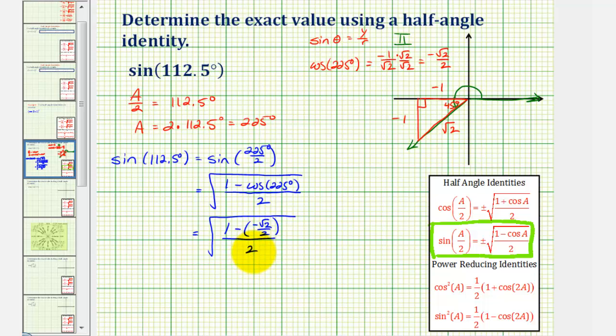And now let's go ahead and simplify this. If we wanted to clear the denominator of 2 from the numerator, we have to multiply through by 2, which we can do as long as we also multiply the denominator by 2. So we're going to multiply this fraction underneath the square root by 2 over 2 to simplify.